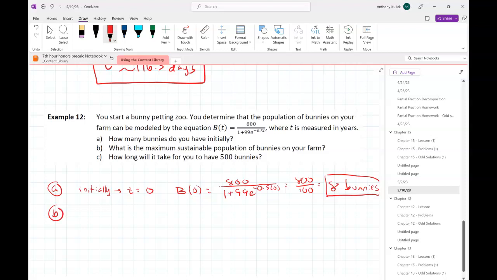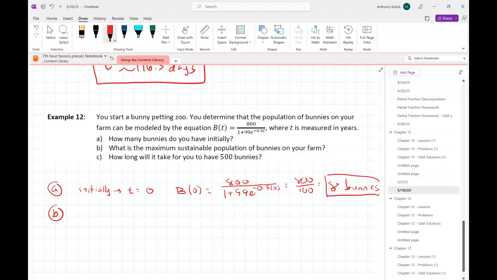B says, what is the maximum sustainable population of bunnies on your farm? So here's where I need to remember what we talked about from logistics previously. One of the features of a logistic function is that you have two horizontal asymptotes.